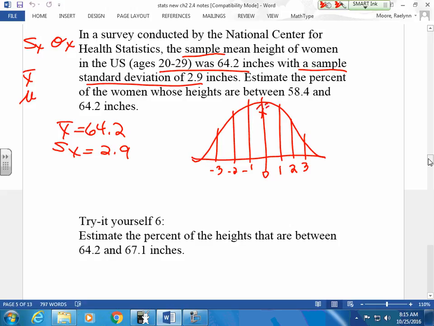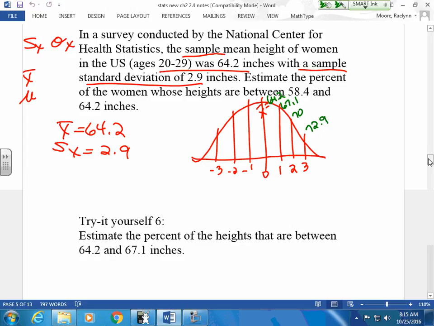What is the mean? 64.2. So all I have to do now is add 1 standard deviation away, add 2.9. I get 67.1. 1 standard deviation away, I add 2.9. I get 70. Add 2.9.